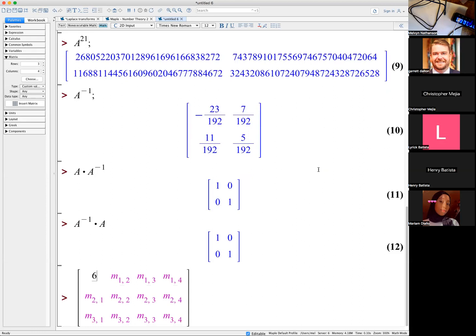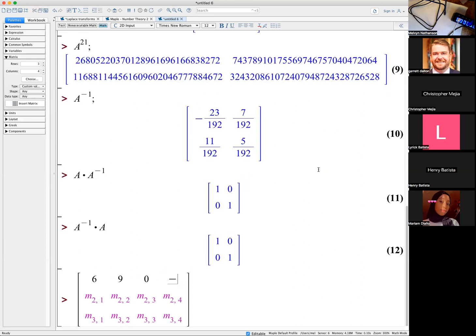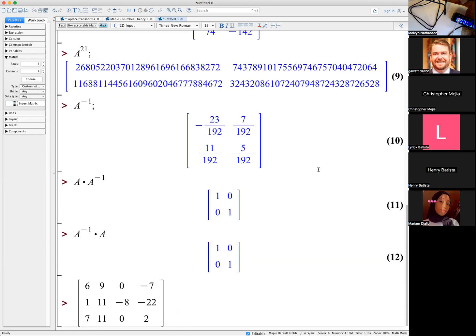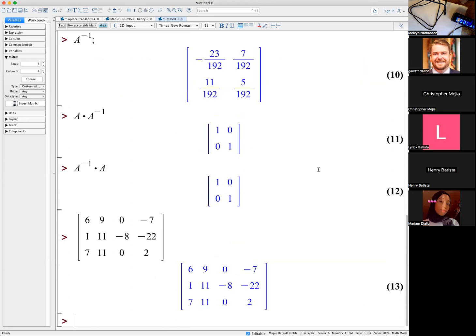So I can enter coordinates, just plugging in random numbers if you like. There's a 3x4 matrix. Let me give this a name. I'll call it R.